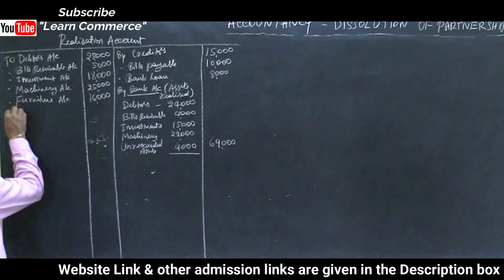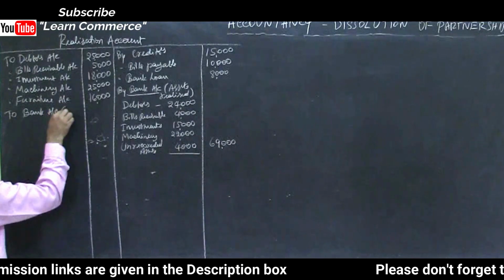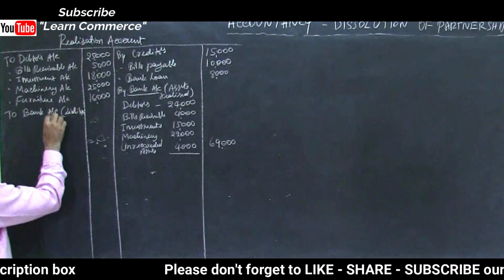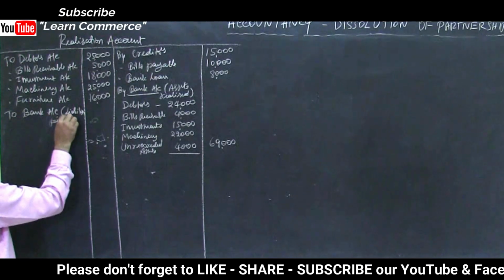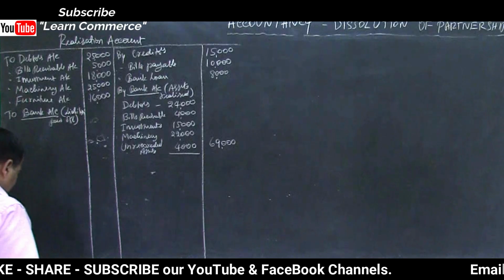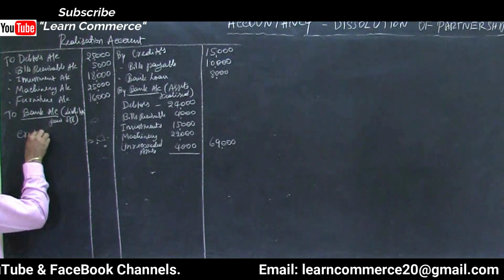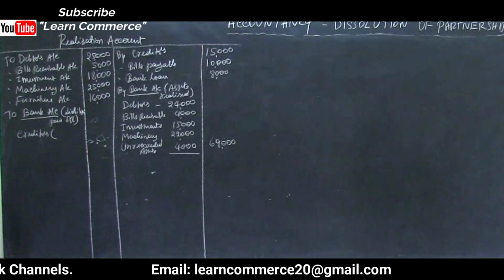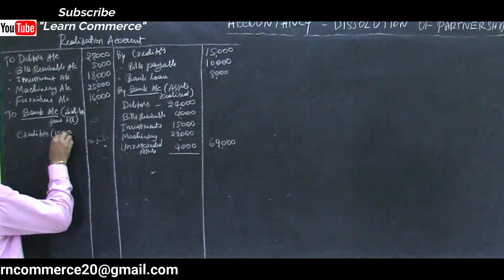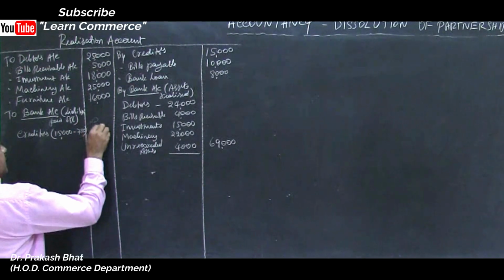Then now let us make payment to liabilities through the bank account. Liabilities paid off. Under that, write one by one. Creditors paid at a discount of 5%. Am I correct? So show it in the column. 15,000 minus 750 is 5%, so 14,250.